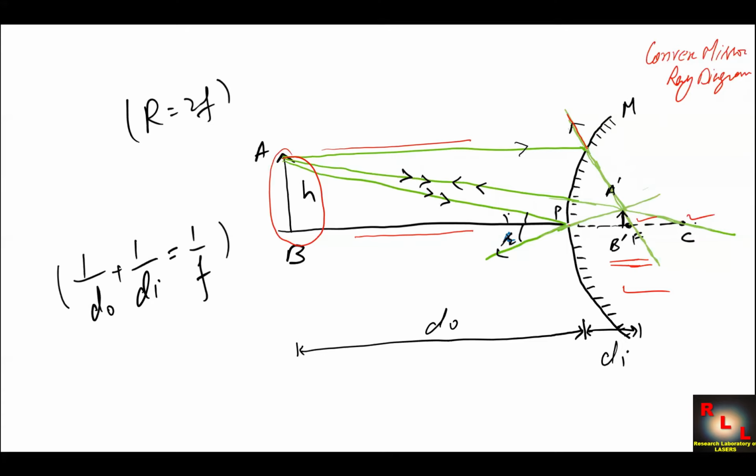If we extend this reflected line to the other side of the mirror, it passes through the point F. Similarly, another line from the point A moves all the way to the other side of the mirror and passes through the C. So this line and this line intersect at a certain point.